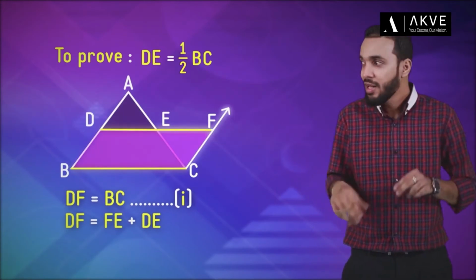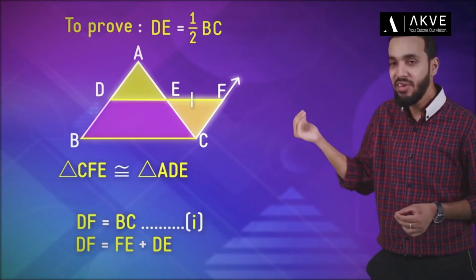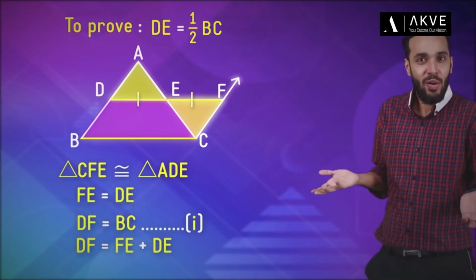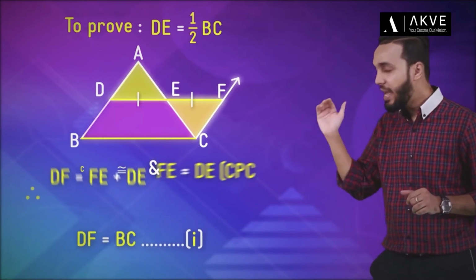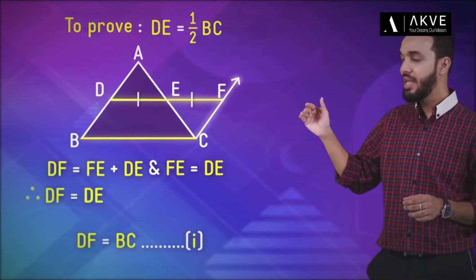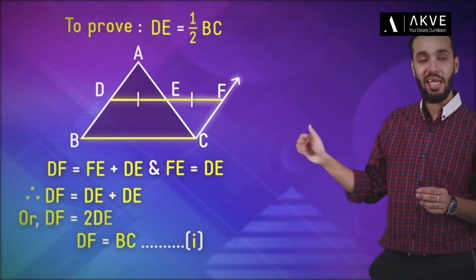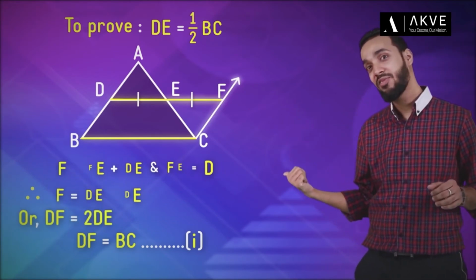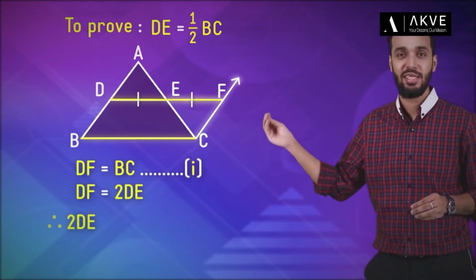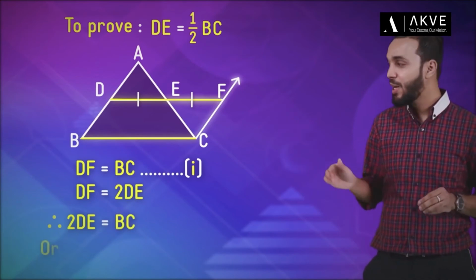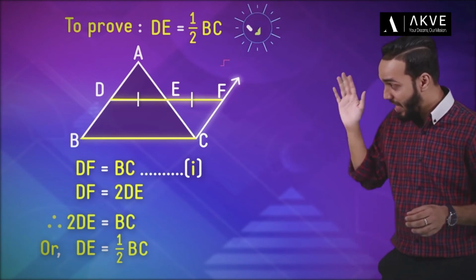But in congruent triangles CFE and ADE, we can see that FE is equal to DE because they are corresponding parts of congruent triangles. So, DF is equal to DE plus DE or DF is equal to 2DE. Now, using this information in equation 1, we have 2DE is equal to BC or DE is equal to half BC. There you have it.